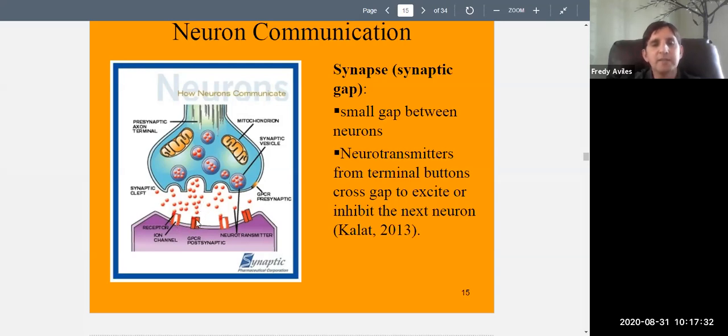And when the right one attaches itself to the right receptor, it can open up gates or channels to let other things into the cell. Other things that will affect the voltage, that will make it more positive or negative. And that's how the neuron then works. The neuron can then fire, or it can stop firing, or it might even be less likely to fire if the voltage changes in a certain direction.